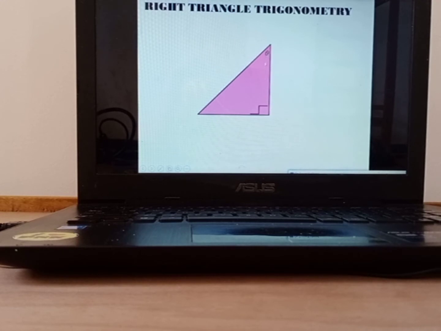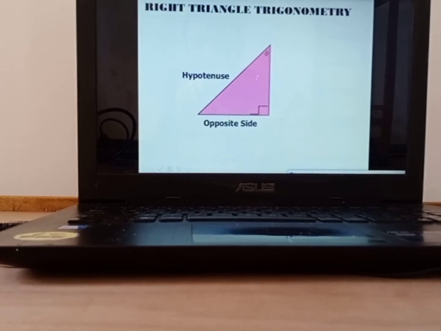If this is our angle theta, class, this is our longer leg, which is our hypotenuse, and at the front of your angle theta, as I mentioned a while ago, this will be our opposite side. And beside your angle theta, this is your adjacent side.